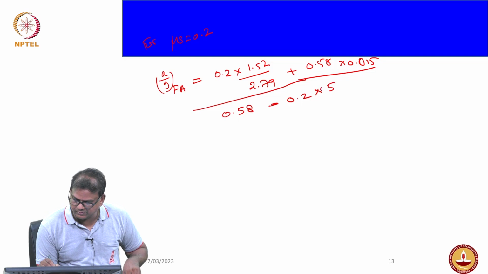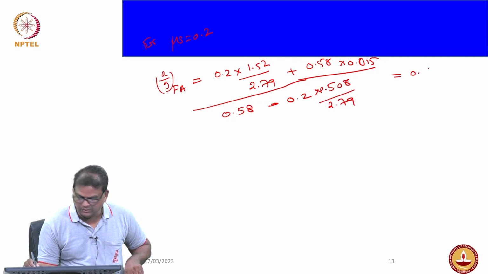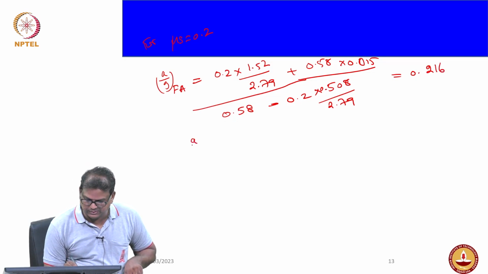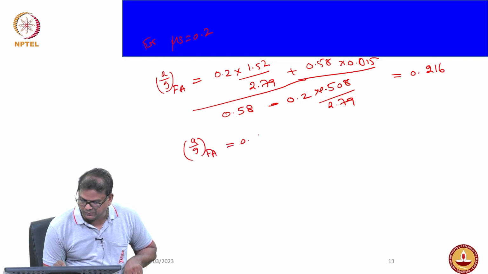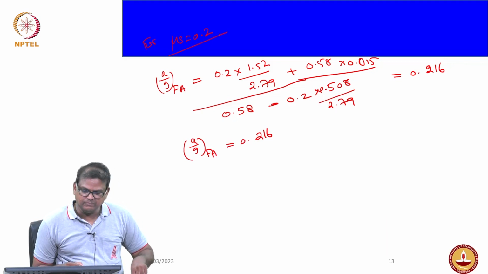Then 0.08 by 2.79, this gives 0.216. This is A by G front axle, 0.216 when you have mu s equal to 0.2.